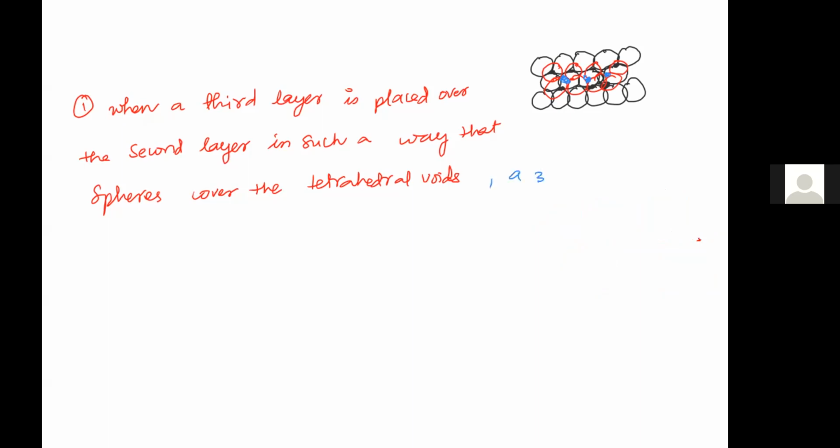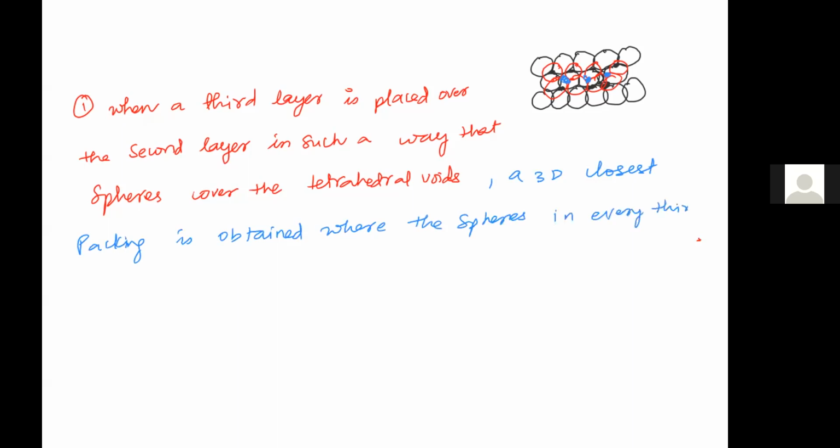A 3D closest packing is observed, or it is obtained, where the spheres in every third or alternate layers are vertically aligned.